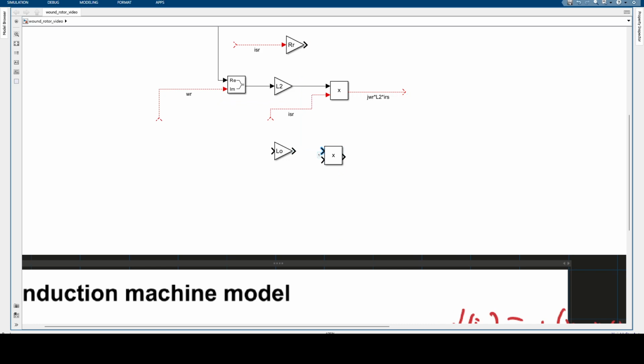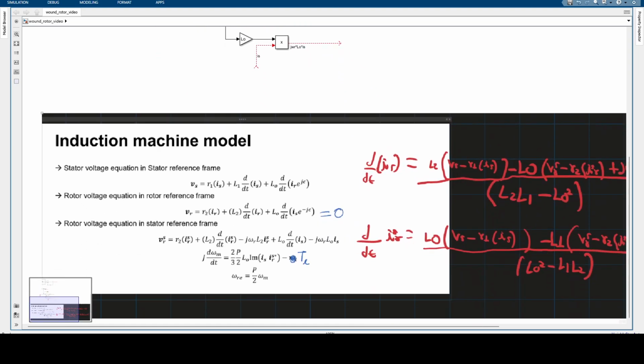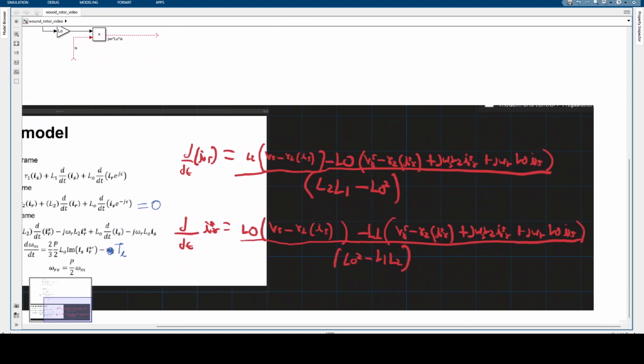This is multiplying J omega, and here we're going to have IS. So here we have J omega R L naught times IS.